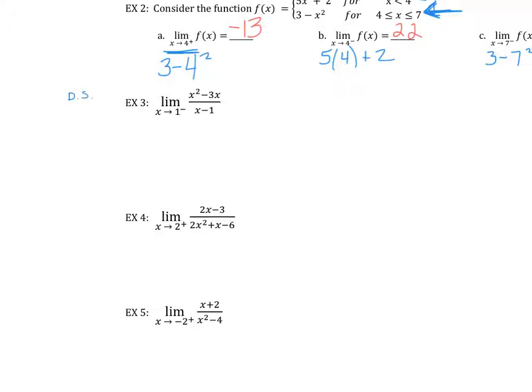If I plug in 1, I go 1 minus 3 is negative 2, and then 1 minus 1, that's 0. Now, what we said the other day is that limit does not exist. Look, if the answer choices are all numbers and does not exist, then by all means, you put in does not exist.